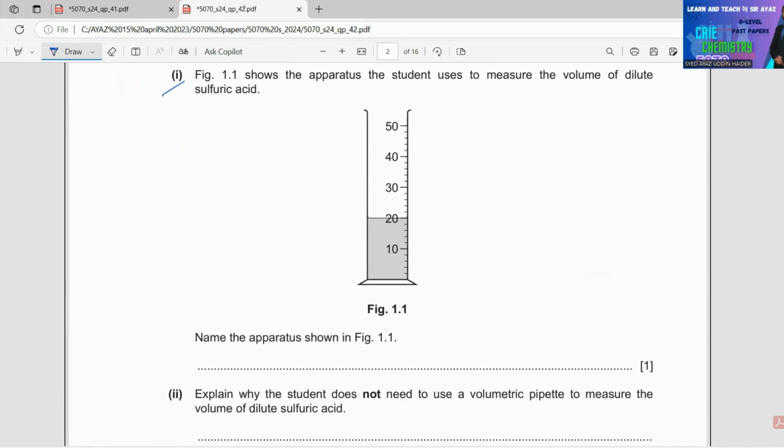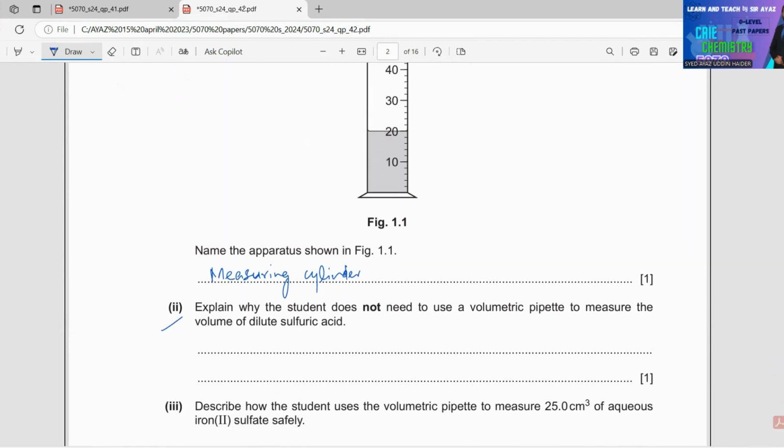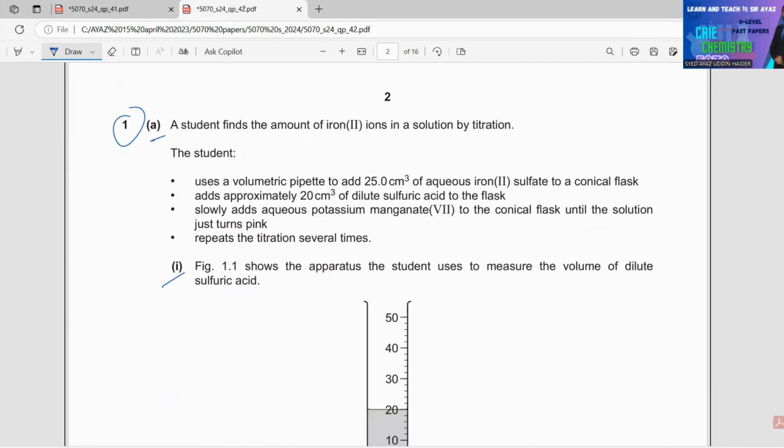Name the apparatus shown in figure 1.1. You know that's measuring cylinder. So I will write measuring cylinder. Part 2. Explain why the student does not need to use a volumetric pipette to measure the volume of dilute sulfuric acid. They have already mentioned approximately 20 cm³ of dilute sulfuric acid.